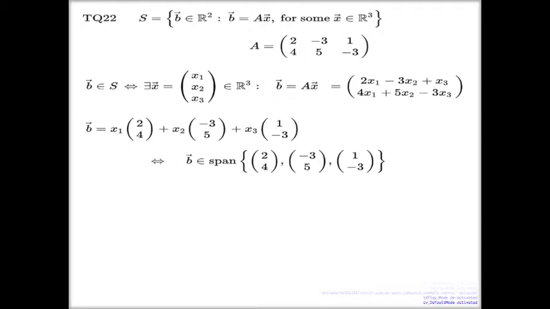Because to be in a span, it means that the vector is the linear combination of the set underneath the span. So this just goes to show you that many examples in the yellow book which are framed in terms of matrices, they are special cases of the span subspace example. And now I can say that this set S is indeed a subspace because every span is a subspace.